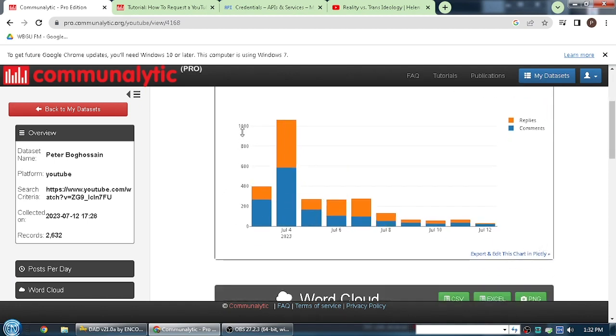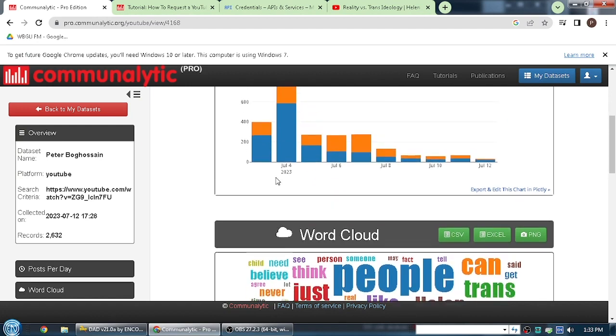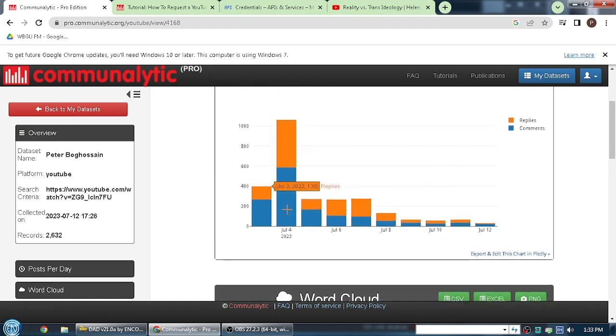You can see the gradual thing: maybe the video was released on this day and only a few people caught wind of it, and then the next day is when its popularity really increased, and then it gradually tapers off. I would expect that for a video of this nature. It would be pretty rare, I think, to see something that's just really flat all the time. But that's interesting to see.